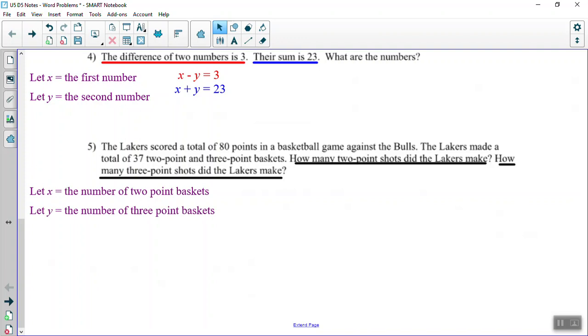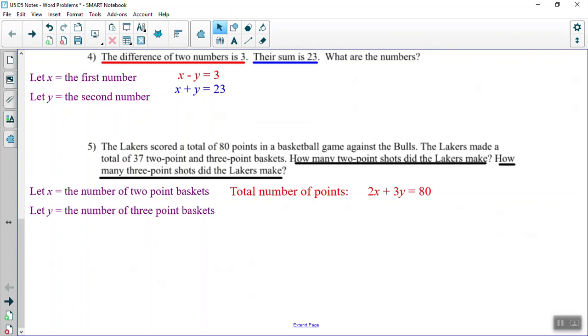So this time they split up, instead of by days or by people, it's set up by categories. 80 points and total number of baskets. Okay, so total points, total baskets.